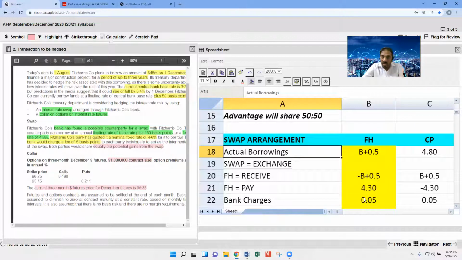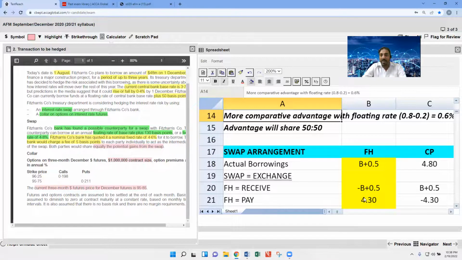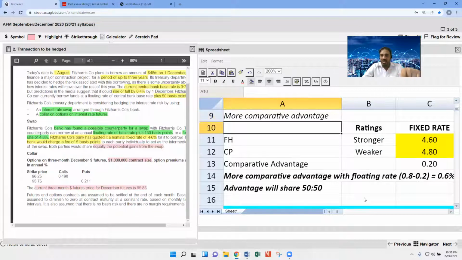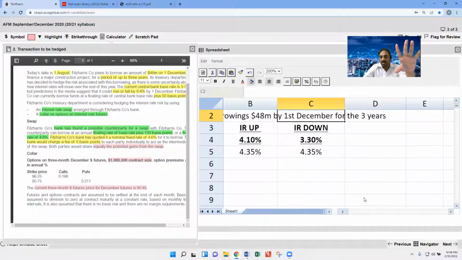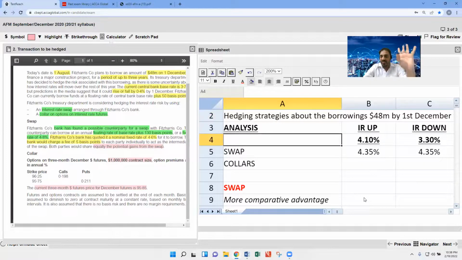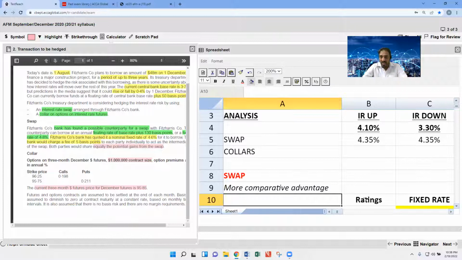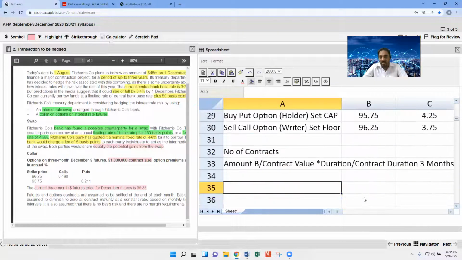We don't want to make any evaluation of swap because in any evaluation, the swap answer remains the same, 4.35, 4.35. But in the caller case, the evaluation is required because there are 2 cases: interest rate will increase or decrease.